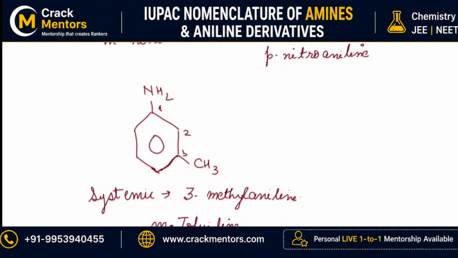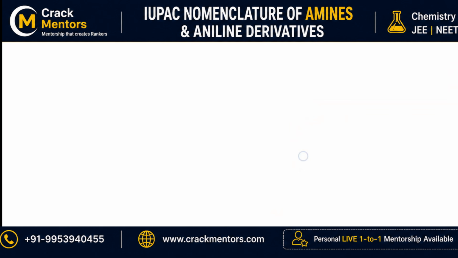Unsymmetrical secondary and tertiary amines are commonly named as N-substituted primary amines. What I just said is about N-substituted primary amines, meaning substitution has been done: hydrogen has been removed and something new has been attached.